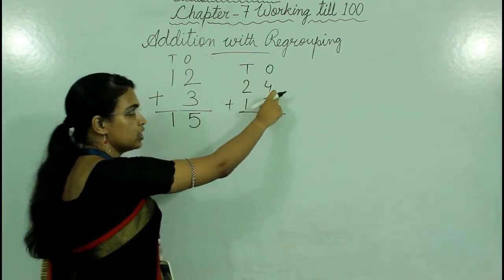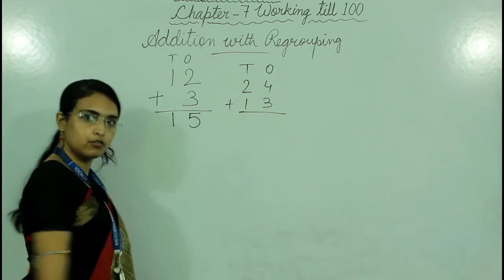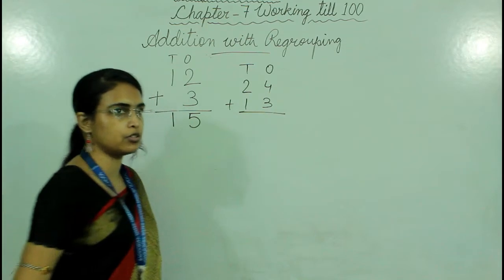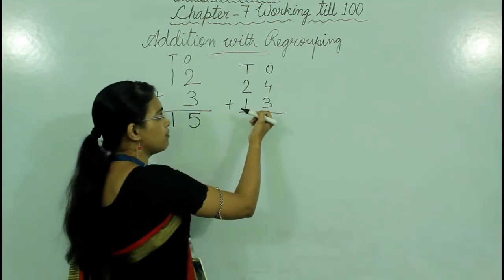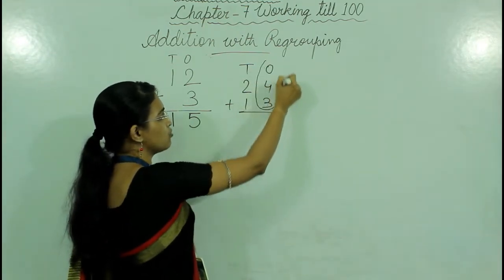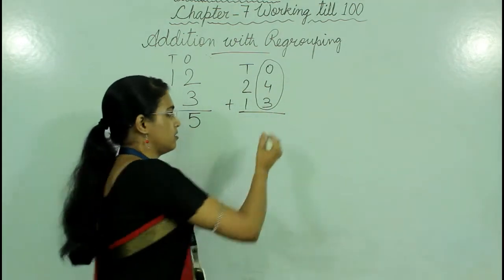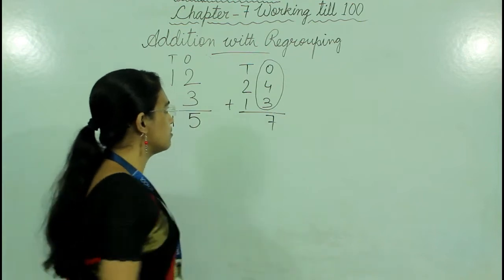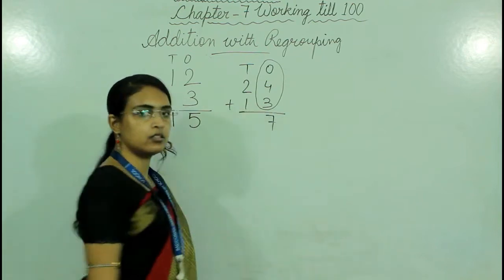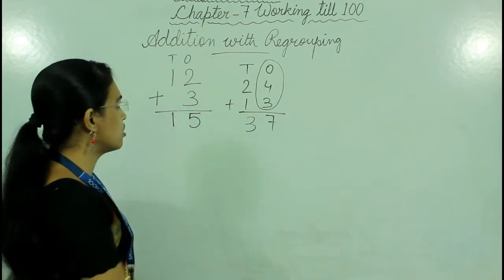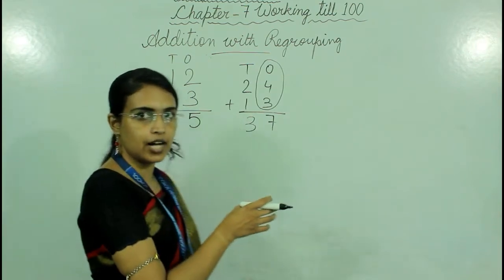Both numbers are 2-digit numbers, right? So first we have to add the ones place. 4 plus 3 is 7. So right here 7, and 2 plus 1 is 3. So the answer is 37. In this way we can add this, right?